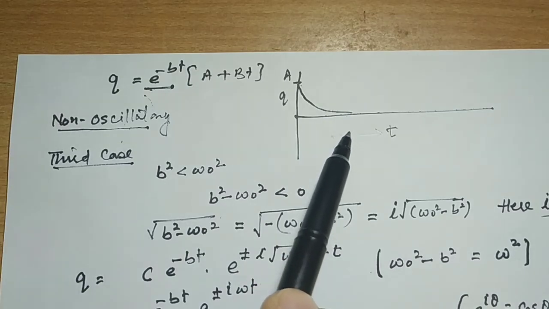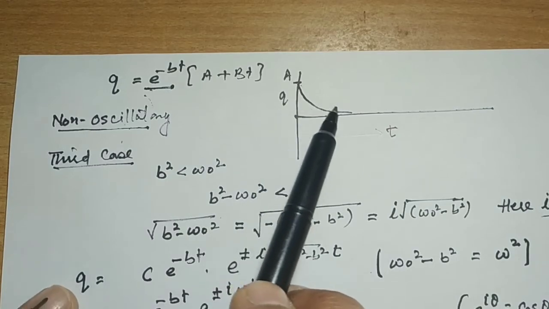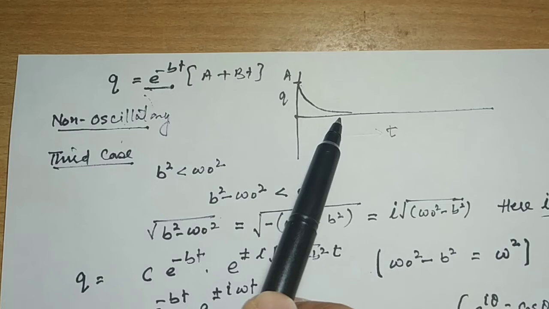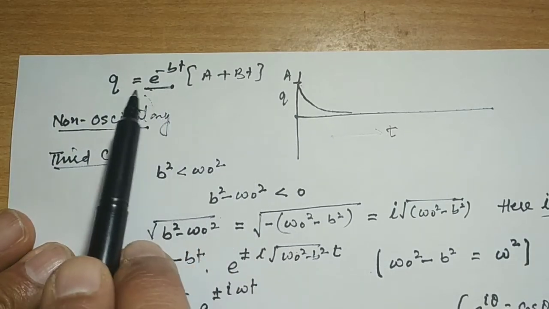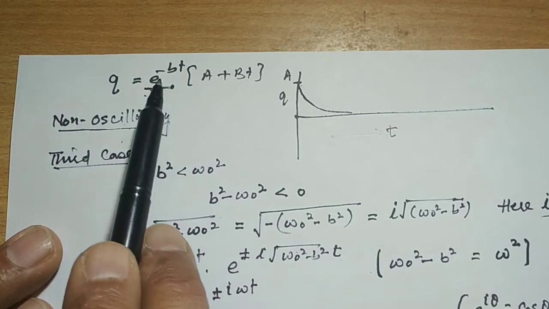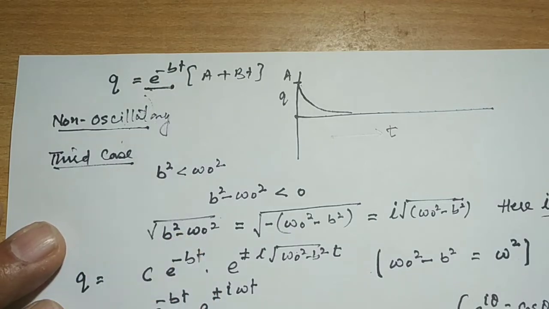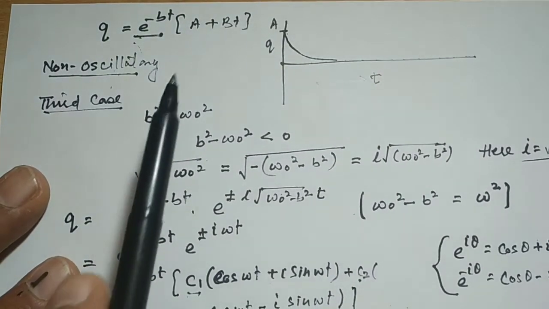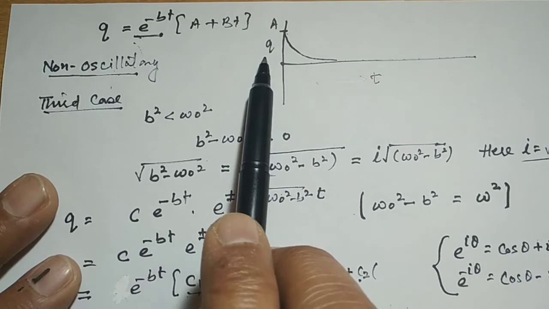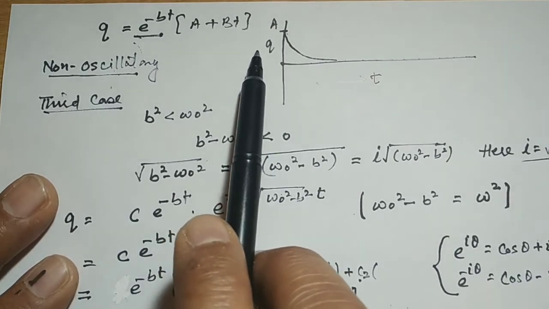That means the value of charge will come to zero very sharply in a small time. But you see this variation is also non-oscillatory, it is an exponential decay. So in the first two types of damping, the heavily damped oscillator and the critically damped oscillator, both cases are non-oscillatory.